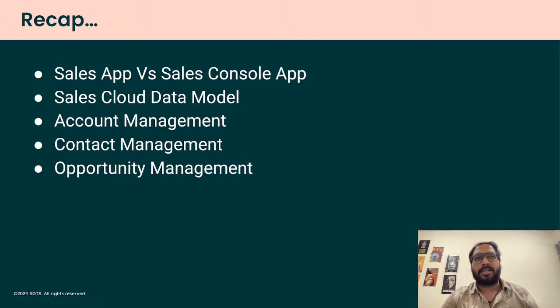These are the main objects, but a few more objects are associated with them, like account team, opportunity team, and contact role. Basically, a few more objects are related to these. If you go through the Sales Cloud data model, you will understand how these objects are connected.